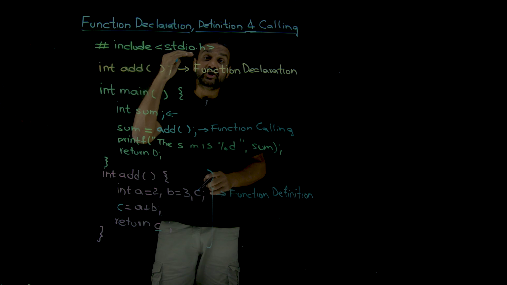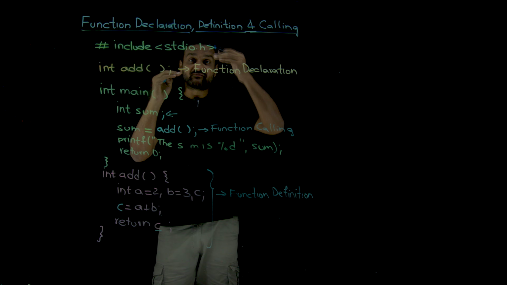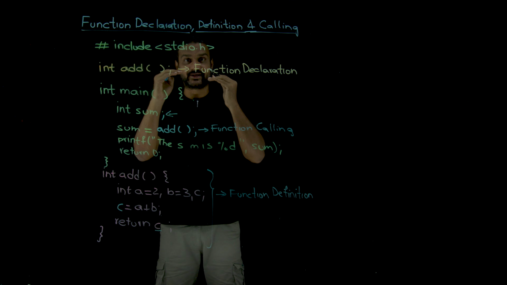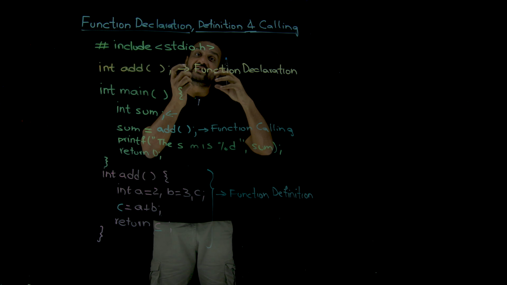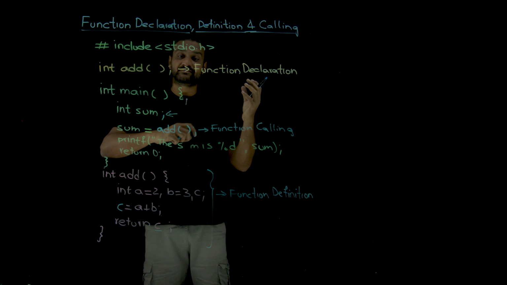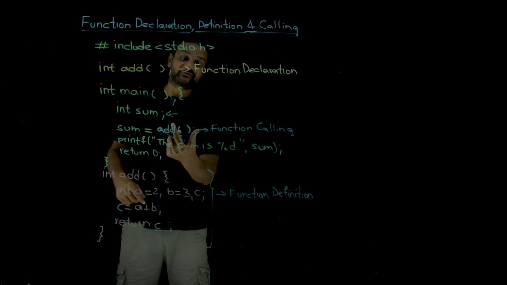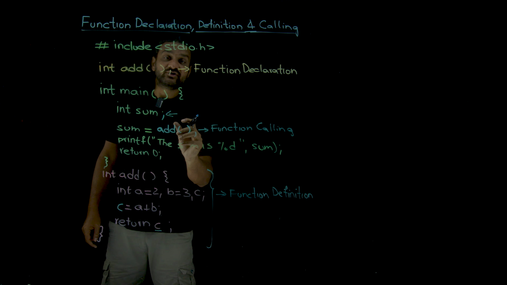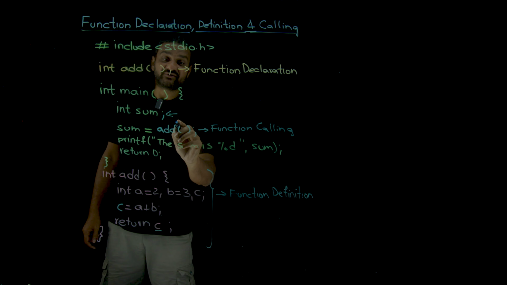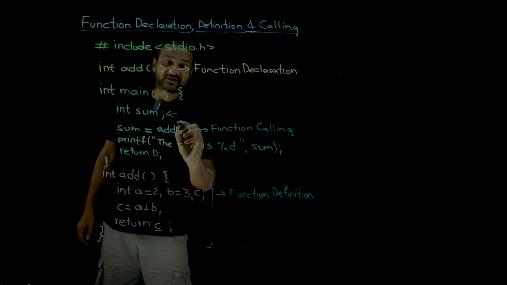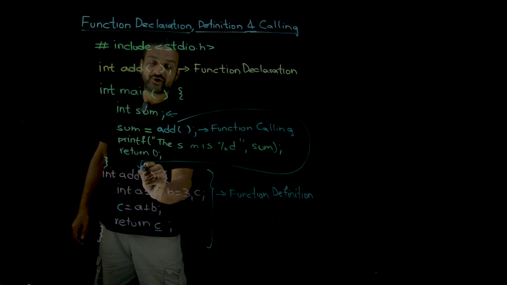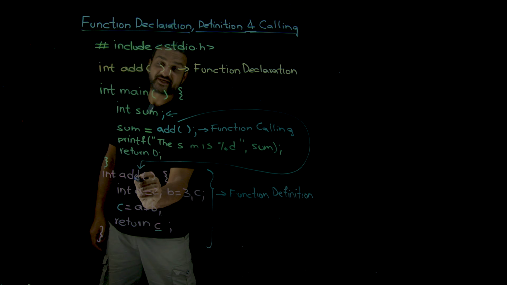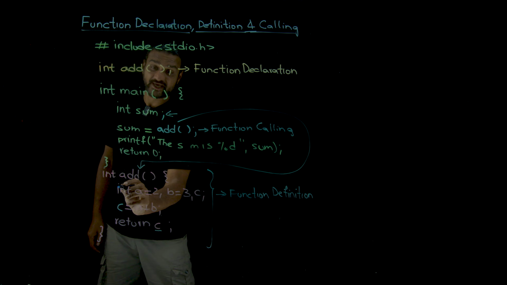Try to understand this. So far in all our programs, we have executed our program line by line. We never jumped to another place where the program is written somewhere else, meaning the function definition. So now this is the point where we jump from our sequence of execution to another place. The add function will get executed, again line by line.